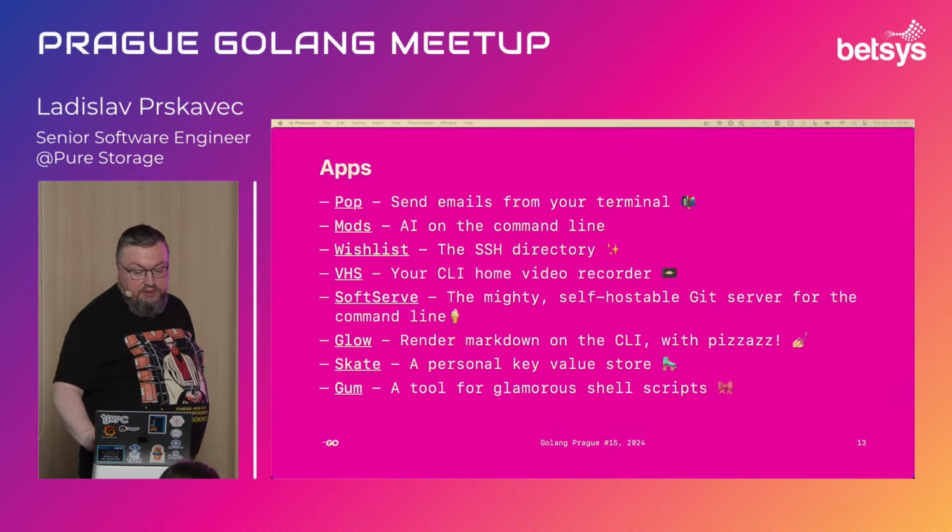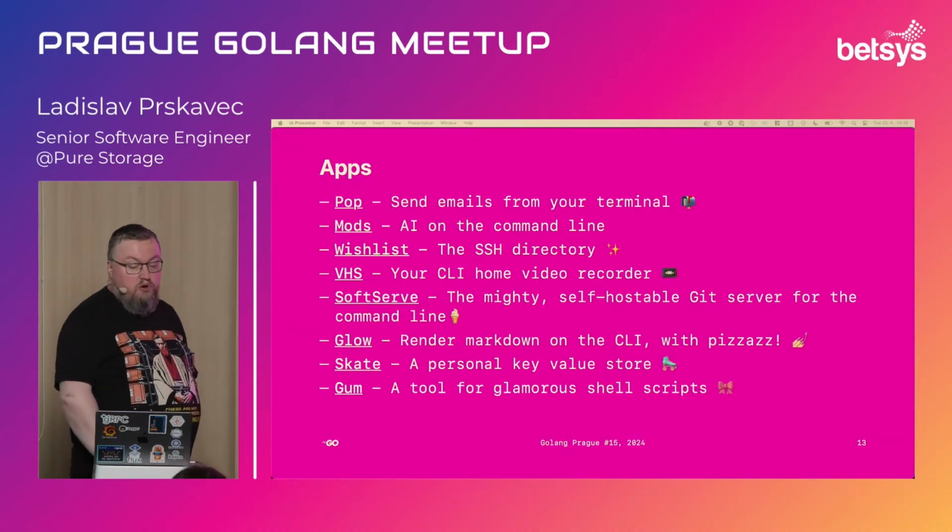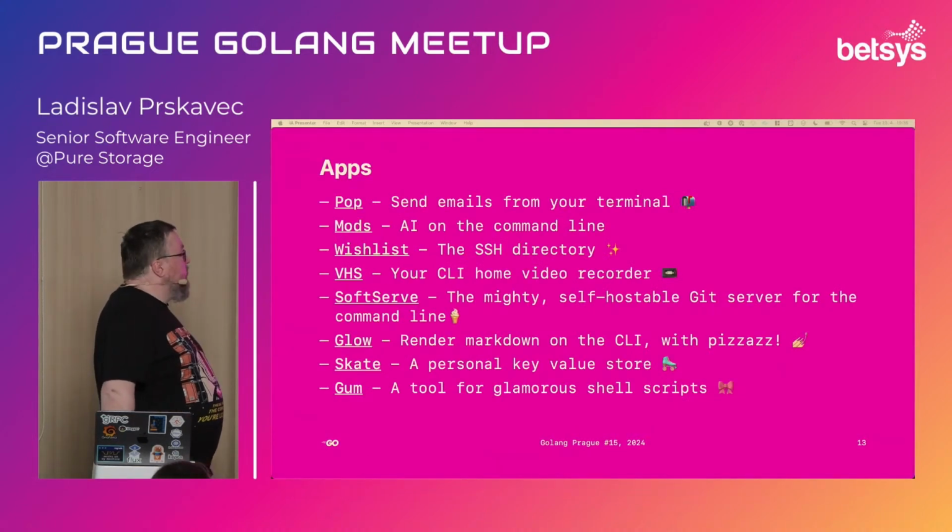They create multiple applications for the command line. You can use, for example, Pop for sending emails from your terminal, Mods for AI, and Wish for an SSH directory. That's nice. There is VHS.